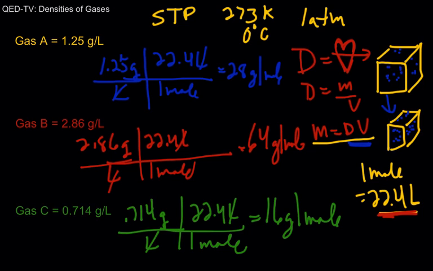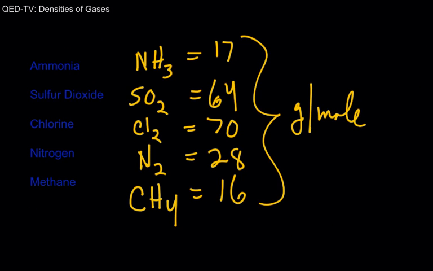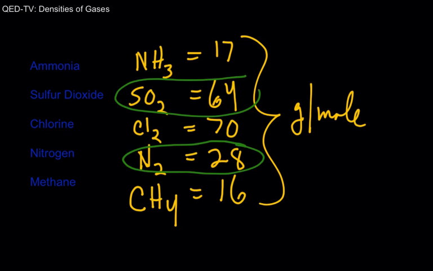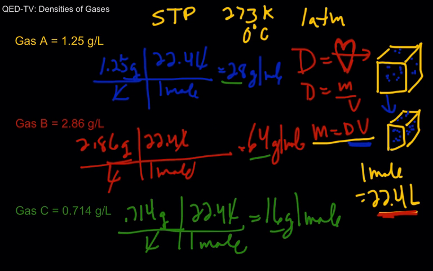So I have 28, 64, and 16. So if I look those up, 28, the first one is nitrogen, 64, the second one was sulfur dioxide, and 16, the third one was methane. And I can classify all of those 3 gases because I know their densities, and I'm just going to assume in these problems, let's just say we have 1 mole.